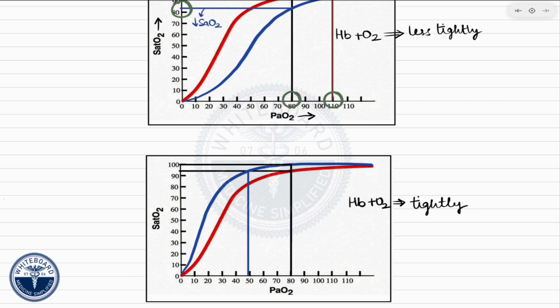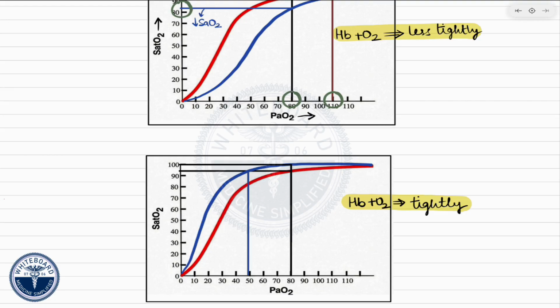So, remember the simplest relationship: right shift, hemoglobin holds oxygen less tightly, and oxygen is released more easily to tissues. Left shift, hemoglobin holds oxygen more tightly, and therefore oxygen is released less easily to tissues. Importantly, the shift itself does not necessarily mean that the patient's PaO₂ has changed. Instead, it changes how much oxygen hemoglobin binds at a given PaO₂.